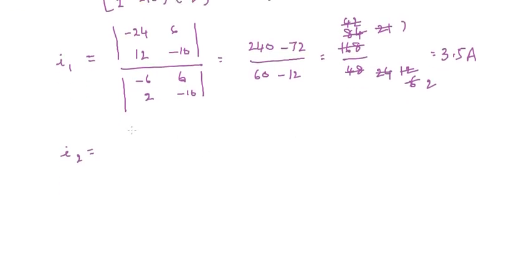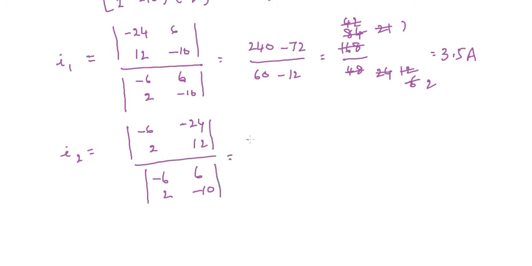Yeah, simply I2 is the determinant of minus 6, minus 24, 2, 12, divided by the determinant of minus 6, 6, 2, minus 10, which is equal to minus 72 plus 48, which is minus 24, divided by 60 minus 12, which is 48. So minus 24 divided by 48 is minus 0.5 ampere.